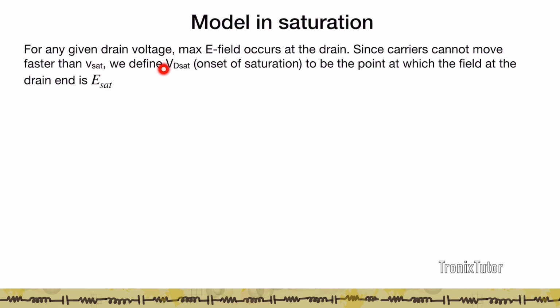So we define this Vd sat, or the drain voltage at which saturation sets, to be the point at which the drain field is equal to the saturation field. So this is slightly different from what we had seen in pinch off, because here the current saturates even before pinch off if the velocity of the carriers has already hit Vsat, right? And so beyond that point, the current will not increase.